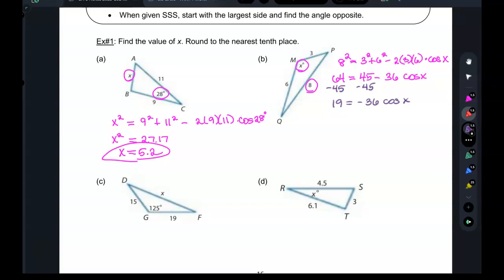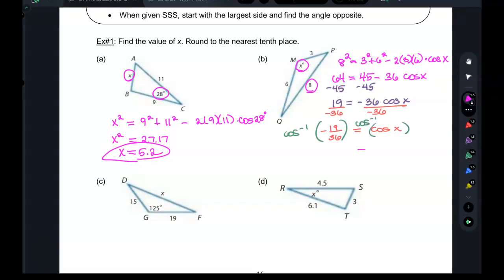So I have to divide by negative 36. You only divide the number, you don't have to divide the cosine. Whenever I'm looking for the angle measure, I have to do the inverse. So I'm going to take the inverse cosine of the left side and the inverse cosine of the right side.